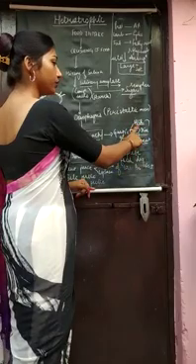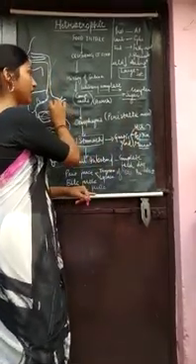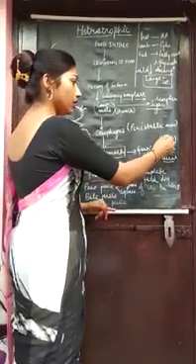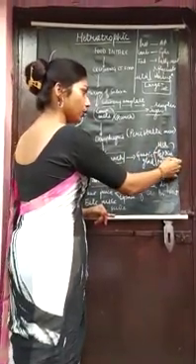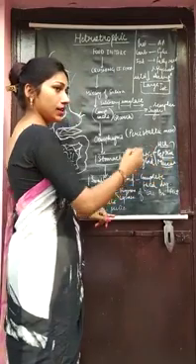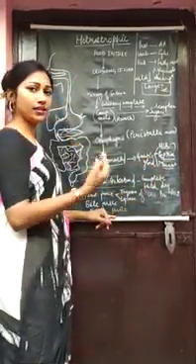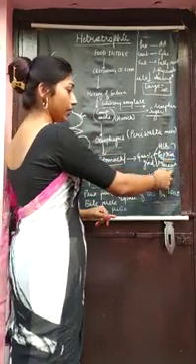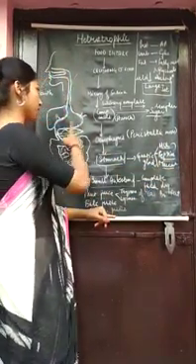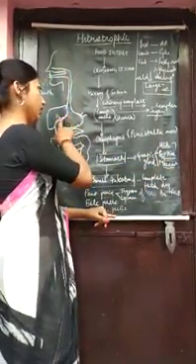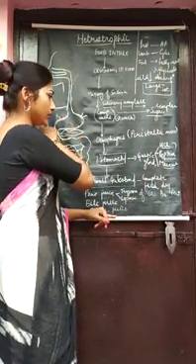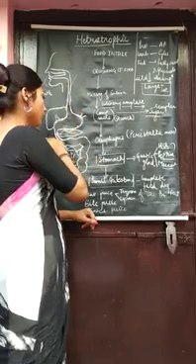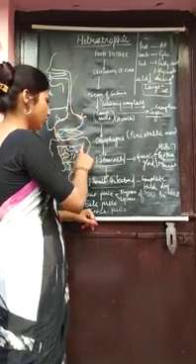Due to the secretion of HCl, the medium becomes acidic in the stomach. For the better action of pepsin, it is necessary that the medium should be acidic. So HCl also helps in the action of pepsin, and mucus helps in lubricating the inner lining of the stomach wall. From the stomach, food goes into the small intestine.